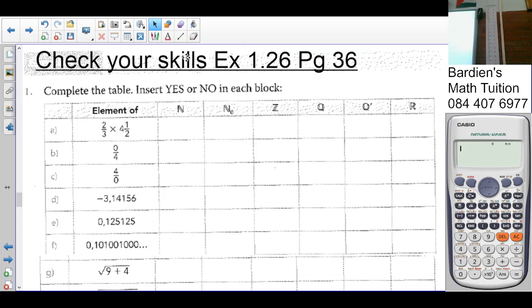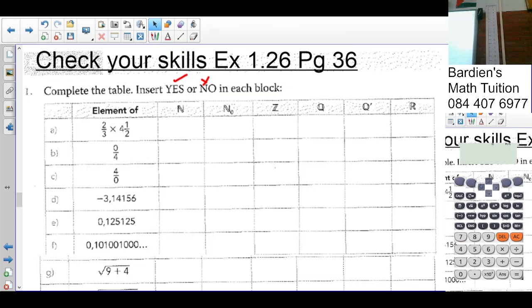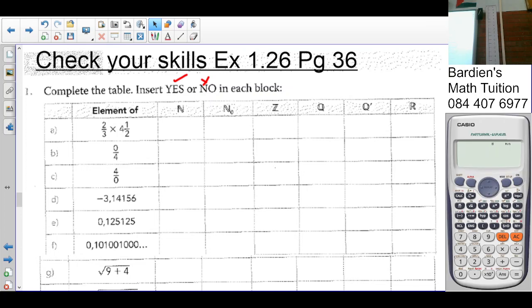Alright, the first question, people, in number A, they ask to complete the table. Insert yes or no. I'm going to put a yes, a tick, and a no, a cross, in each block. So 2 over 3 multiplied by, just get the calculator. We've got 2 over 3 multiplied by, again, to make a mixed number, we press shift and that fraction button.